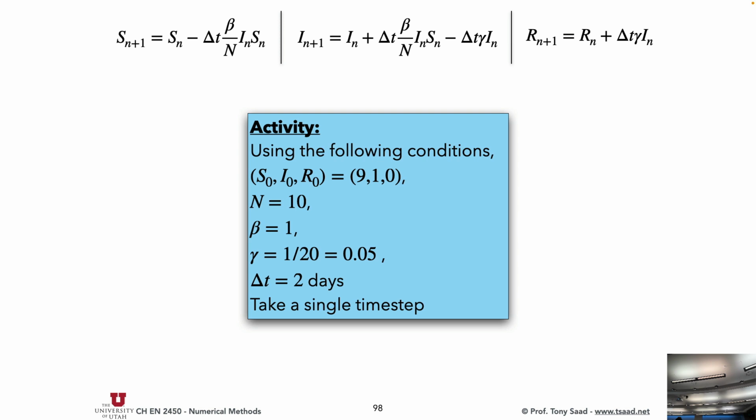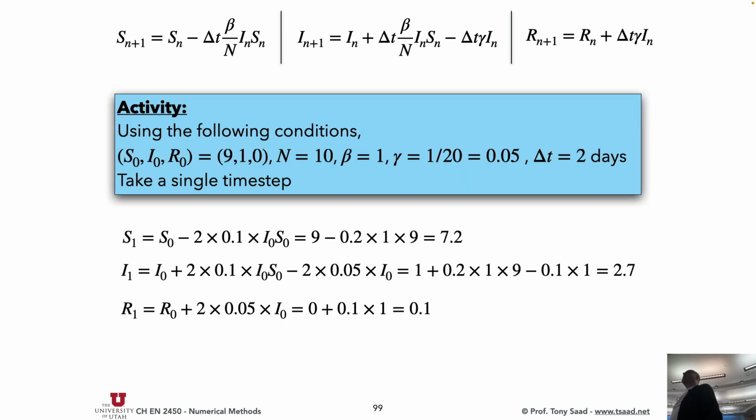Now, each one of those values, well, that's technically not correct. This is S1, I1, and R1, right? That's the first time step, so that is equivalent to S, I, and R at t equal t0 plus delta t, which is 2 days, right? So most of you got it. You just simply evaluate. You take the first time step.